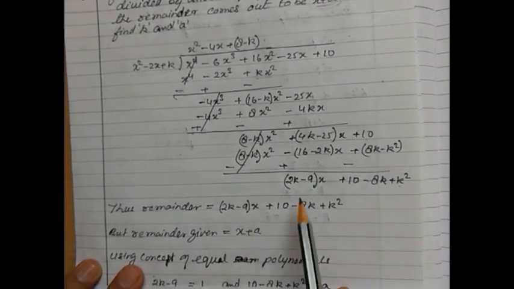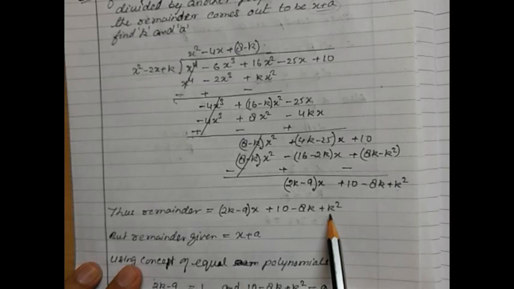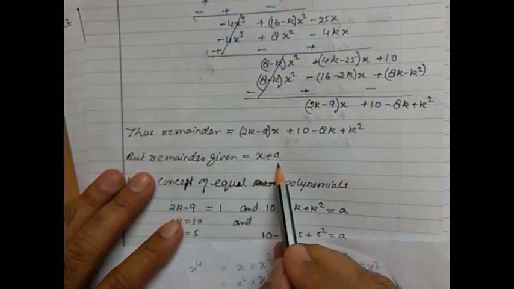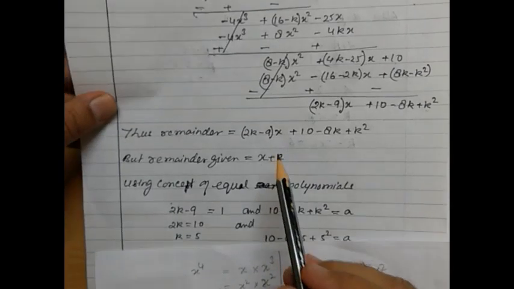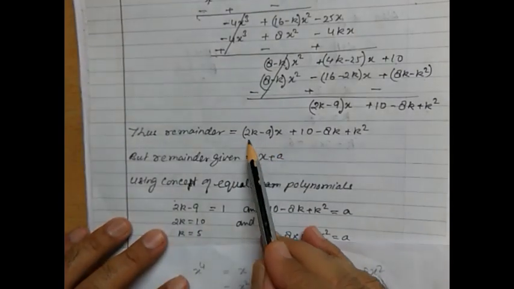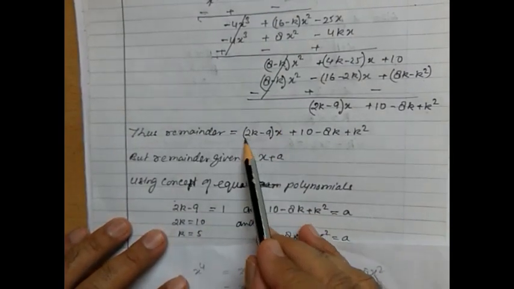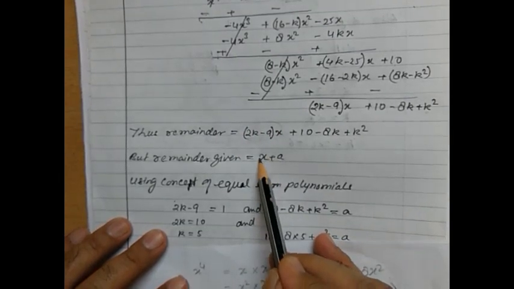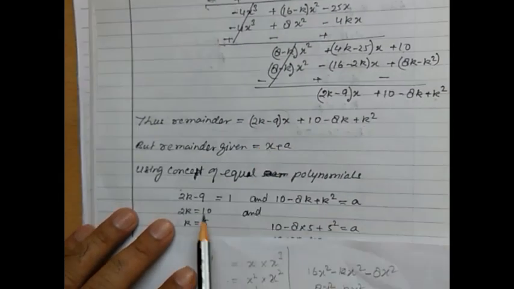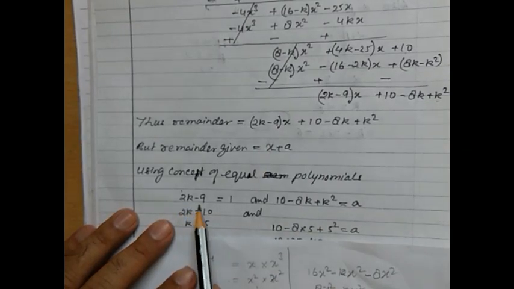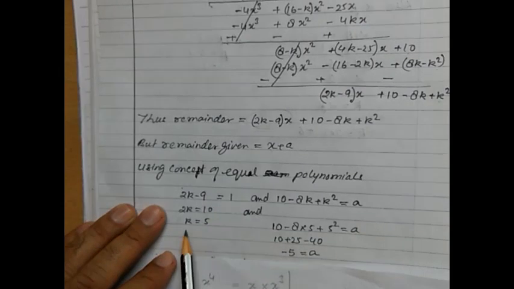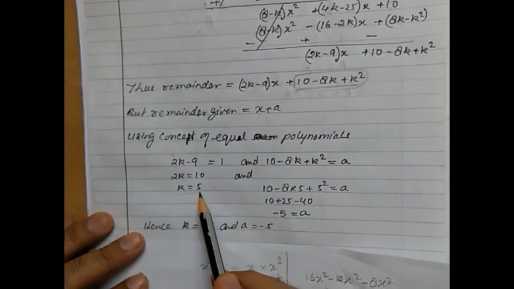Now you see that in this form we had this, but the remainder which was given is what? x plus a. Now we compare it. So here the coefficient of x is 2k minus 9, and here the coefficient of x is 1. So we are comparing 2k minus 9 with 1, it is equal to 1. So when we solve it, we get the value as 5.